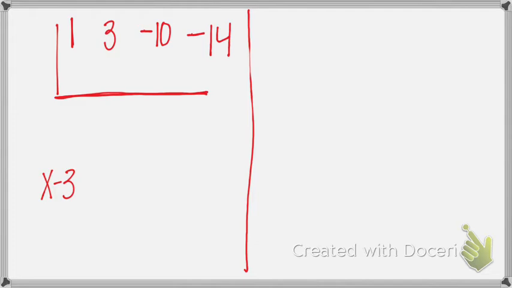How do I find the solution from x minus 3? First, I set it equal to 0 and then solve. So you get what, Addie? Not x plus 3, but x equals? x equals 3. All right, and where does that 3 go? On the side.